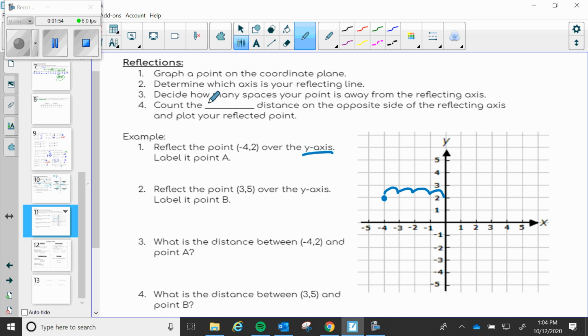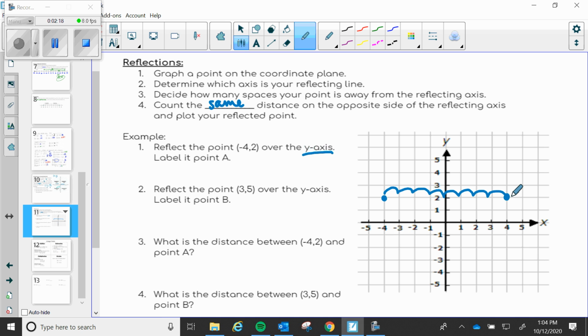Step 4 says to count the same distance on the opposite side of the reflecting axis and plot the new reflected point. So we've got to go 4 spaces before we can jump over. So that's what we're going to do on this side. We're going to go 4 spaces, and then we jumped over and made it.